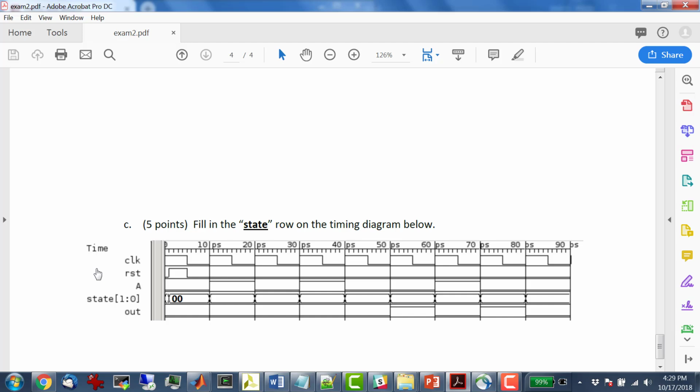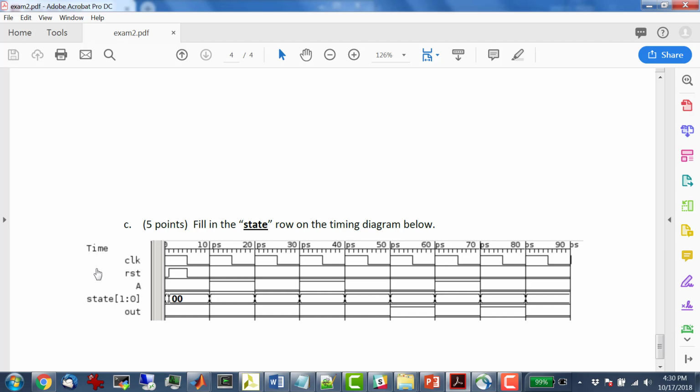Yeah, you could have done it off the timing diagram too. Like I said, this is the same thing as this. The only reason I use this is because I didn't want to reproduce the timing diagram on the board. But yeah, you could just fill them in from left to right. Actually, it's easier with the timing diagram, kind of. You just look at 0, 0, and you look at A right above it, right?